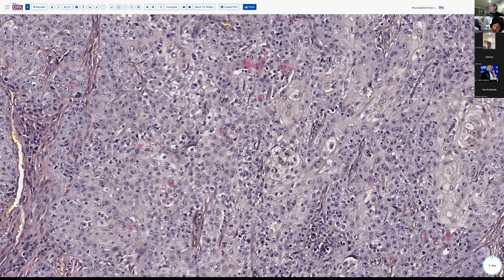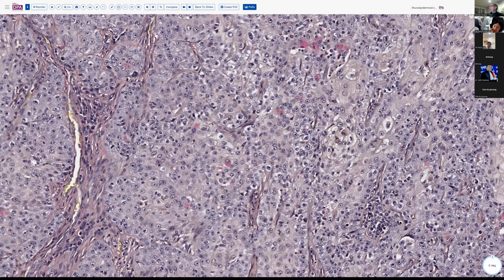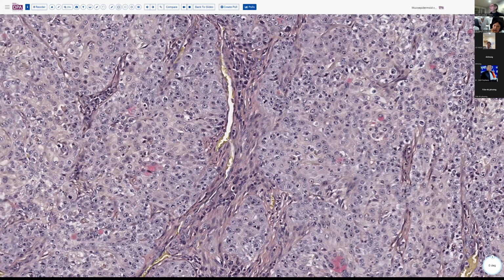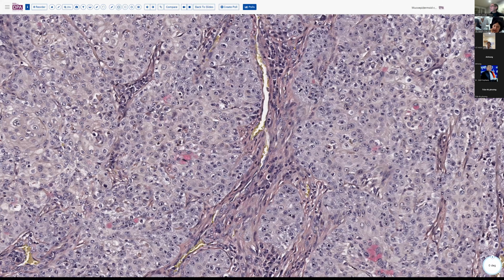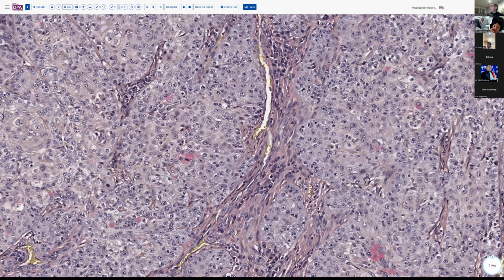So this is a nice demonstration of that utility. Because I think if you were looking at this with a pure H&E stain, it would be much more difficult to convince yourself that this was truly mucus cell differentiation.